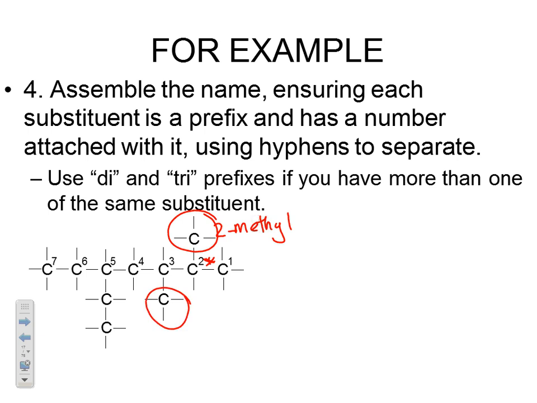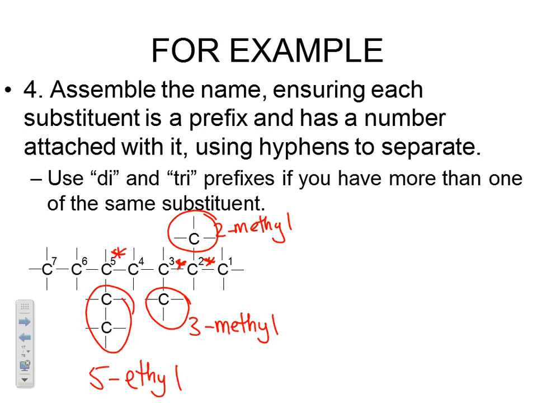Likewise, we established that this is a methyl group, but it's a methyl group that's on the number 3 carbon, so this is 3-methyl. This right here, we established that this is an ethyl group, but this is an ethyl group that's on the number 5 carbon, so this is 5-ethyl.